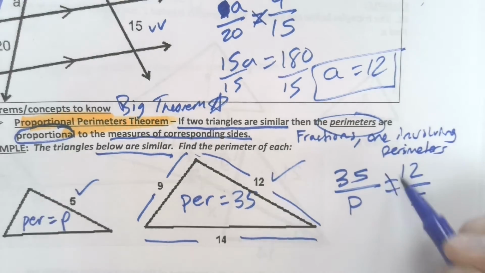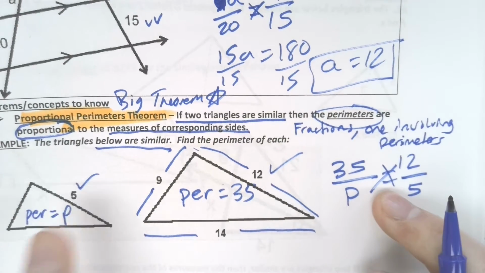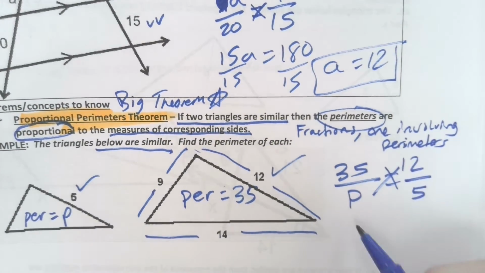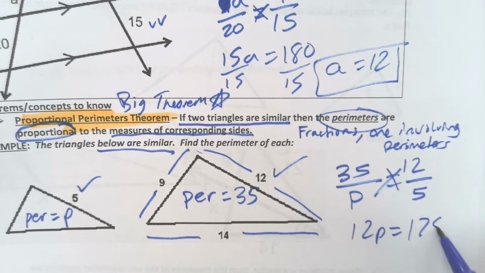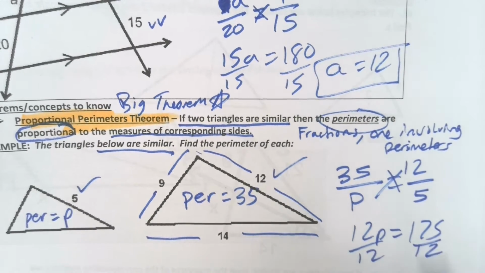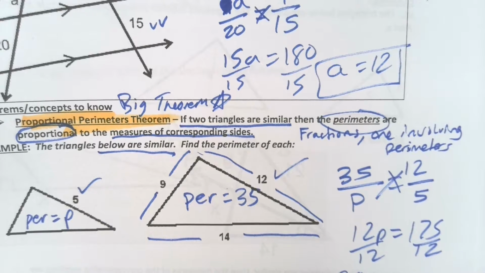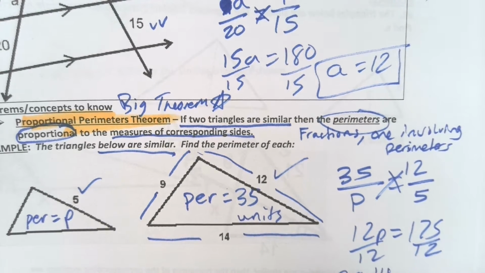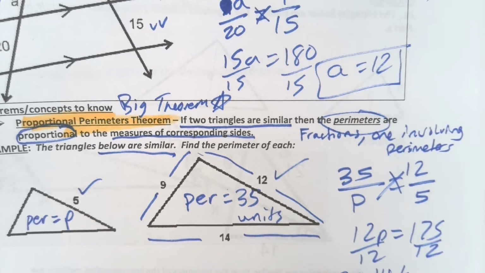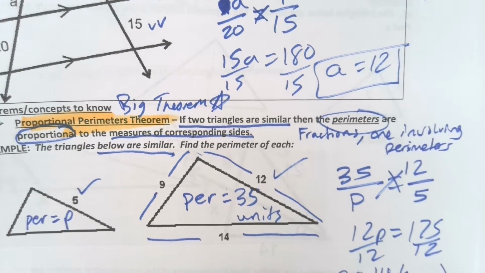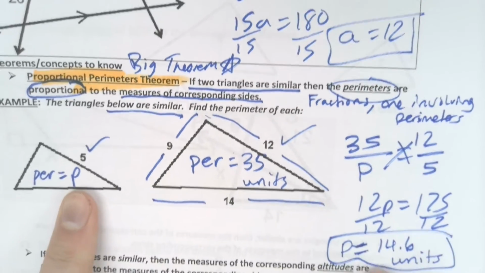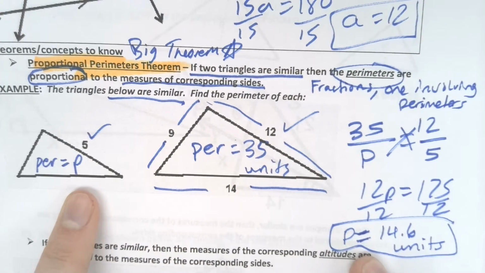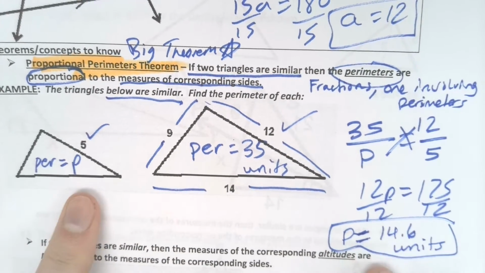You can actually solve for the perimeter of a triangle that we only know one side of. So cross multiply, divide by 12. Remember, perimeter has to be in units, of course. Perimeter is going to be 14.6 units. That's kind of wild. You can find the perimeter without even knowing all sides of a triangle. That's pretty convenient.